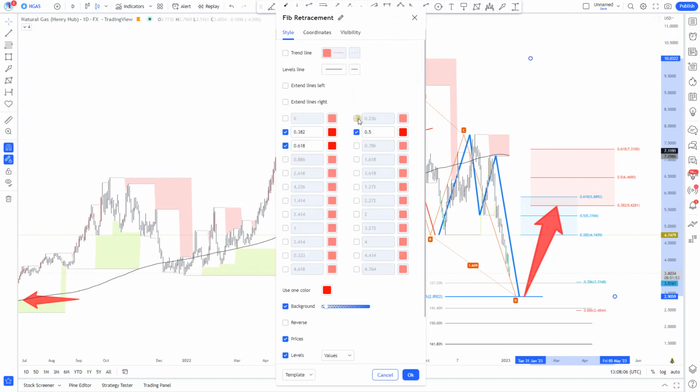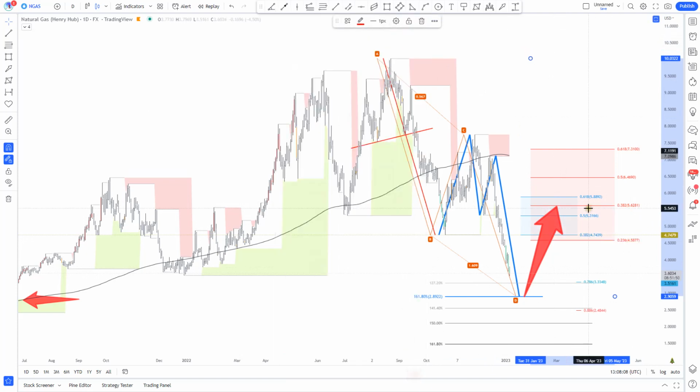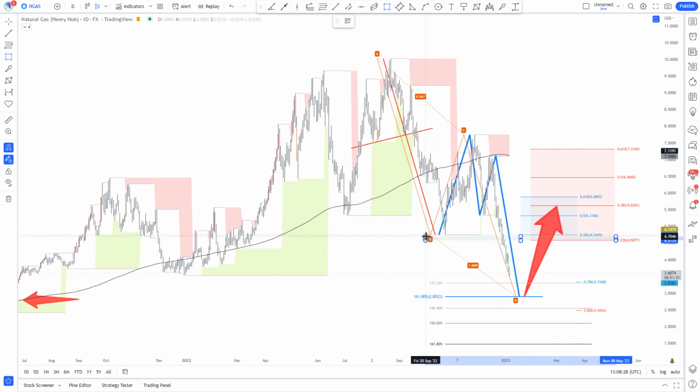Let's see if we have some convergence between the 23% Fibonacci and the minor Fibonacci level right there. So we have kind of a cluster box between the first level of Fibonacci, the default target for the crab pattern, and the previous structure support. So basically this will be my first target zone.